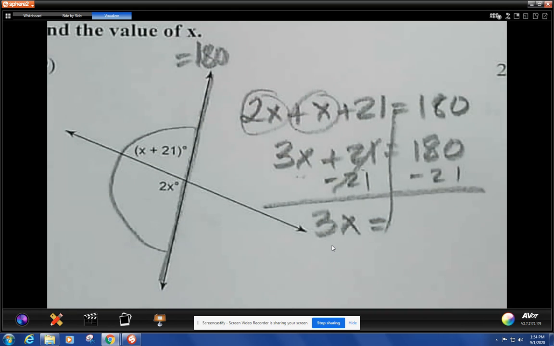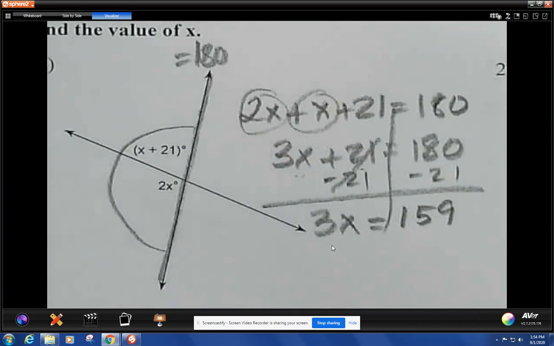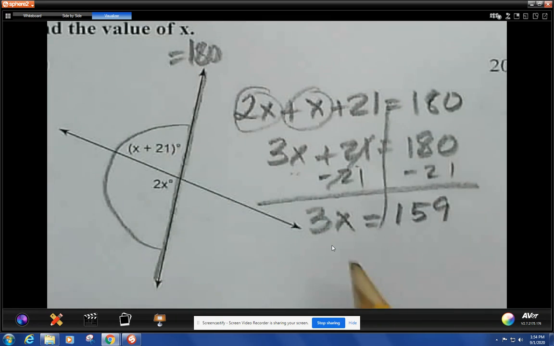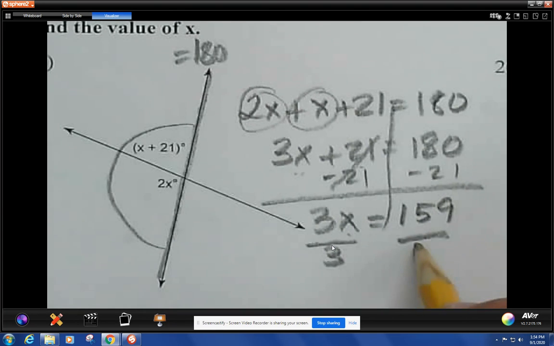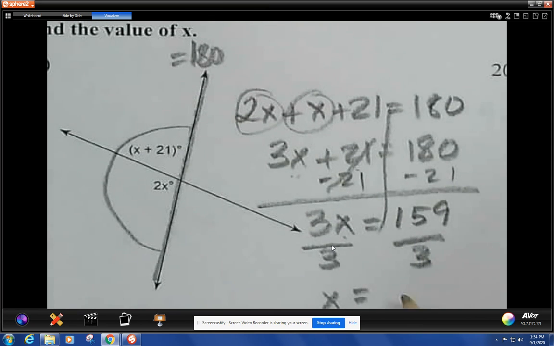And now I'm going to have 180 minus 21, which I believe is 159. And now, in order to get this x by itself, my last step is to divide by 3. And if I take 159 divided by 3, I'm going to find out that that is 53.